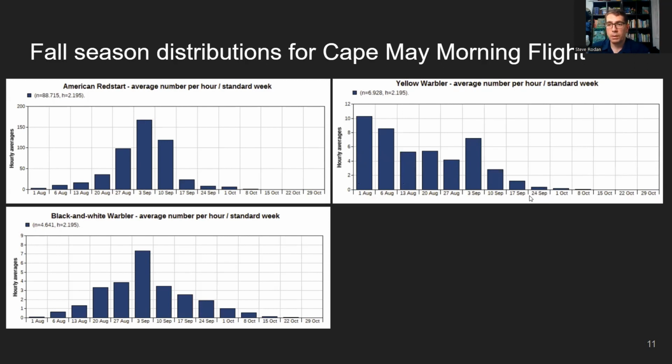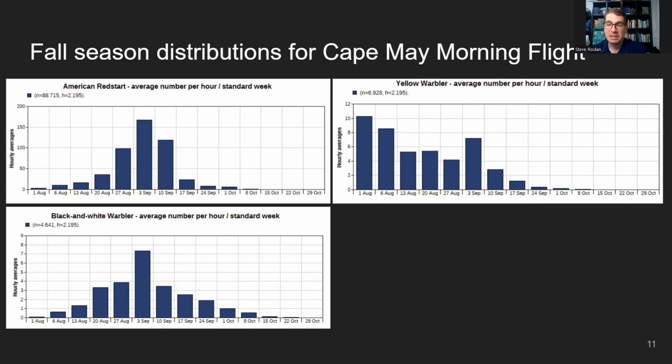if everything goes well with my planning, then yeah, there won't be many yellow warblers at all. Less than one per hour, a few around, but you'll be able to hear some of those zeeps, but you're going to be hearing many more blackpoll zeeps probably.